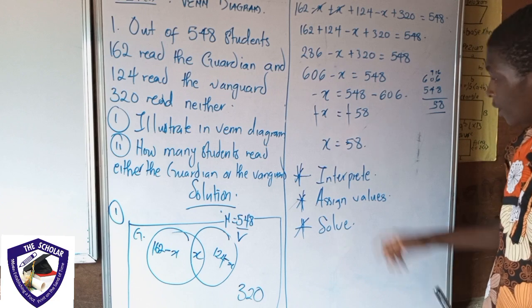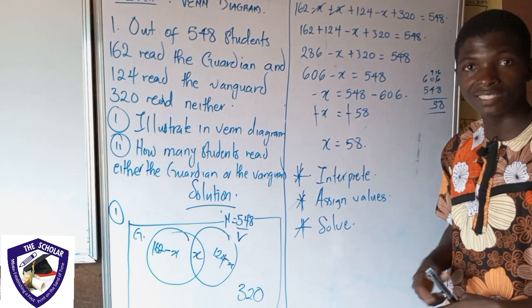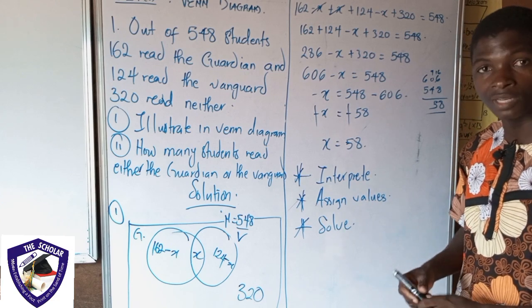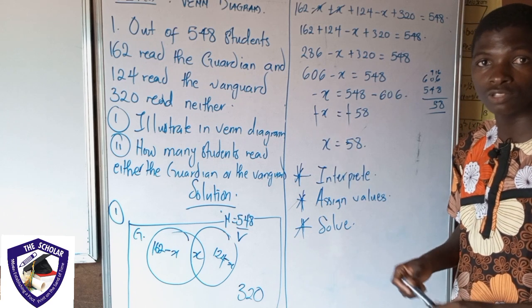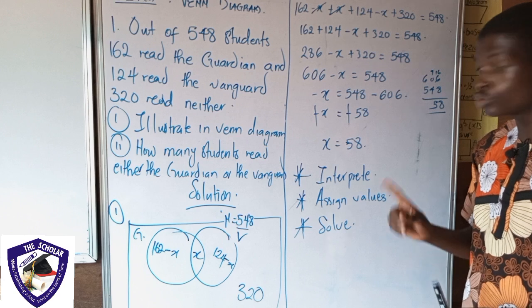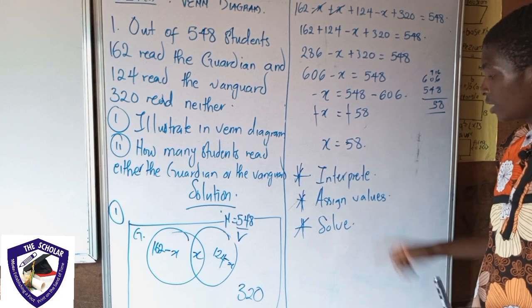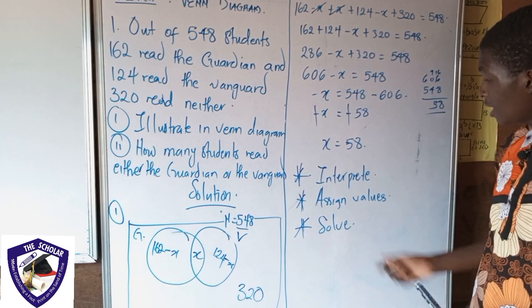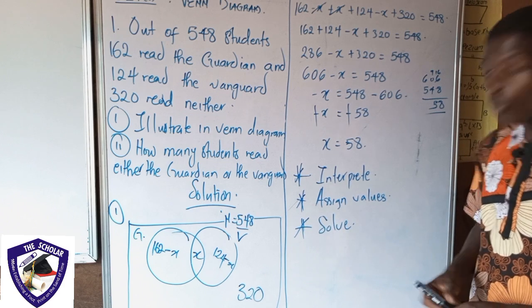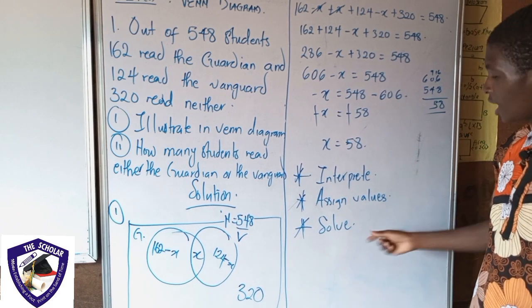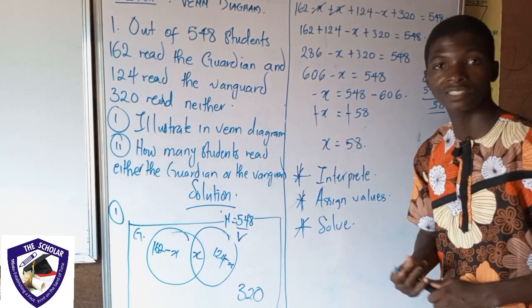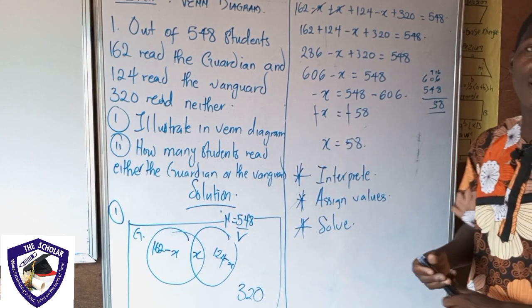Actually, most of us always have this kind of mindset that immediately we see a question, immediately we open our pen and start solving. That doesn't actually mean you are solving. The first thing you need to do is to interpret and assign values, then that is when you can begin to solve. Once you miss the interpretation, then assigning values will be wrong, and when solving you end up getting the wrong answer. And that is all about Venn diagram.